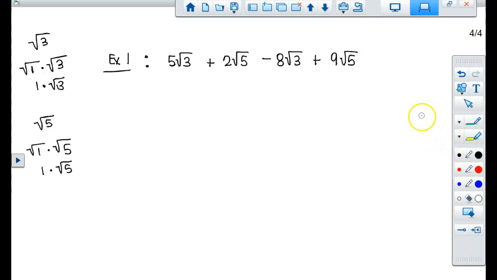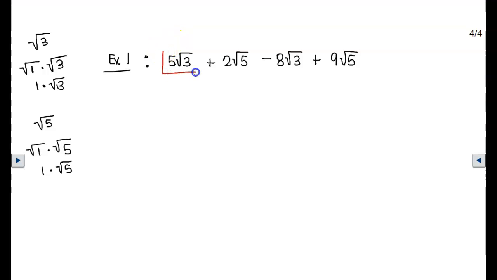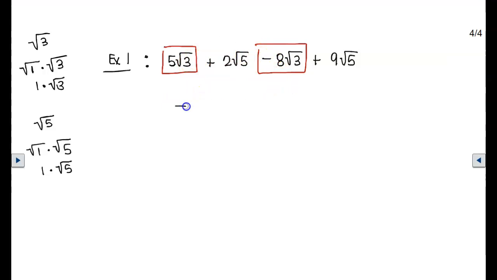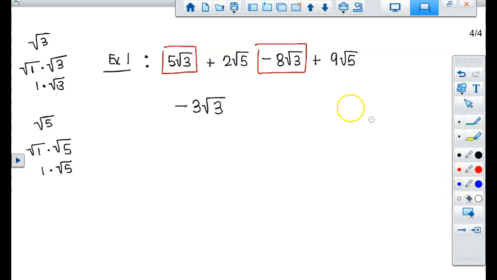So now I'll go through and combine the like terms. Well, I have 5 square roots of 3 minus 8 square roots of 3. Those are alike because both have the square root of 3. 5 minus 8 is negative 3 square roots of 3. So notice I combine those outside numbers. 5 minus 8 is negative 3, but I don't change the ending.